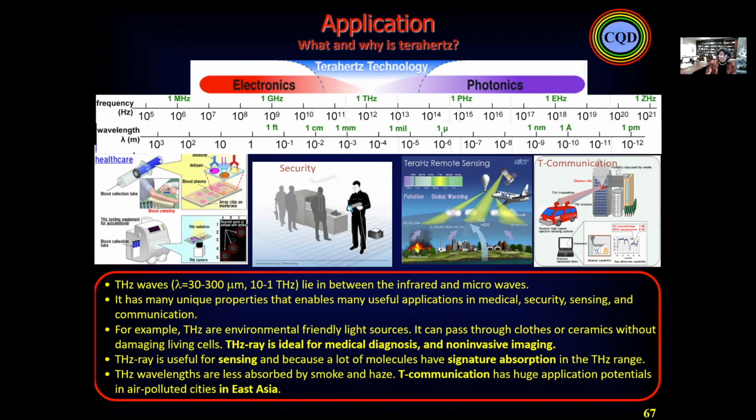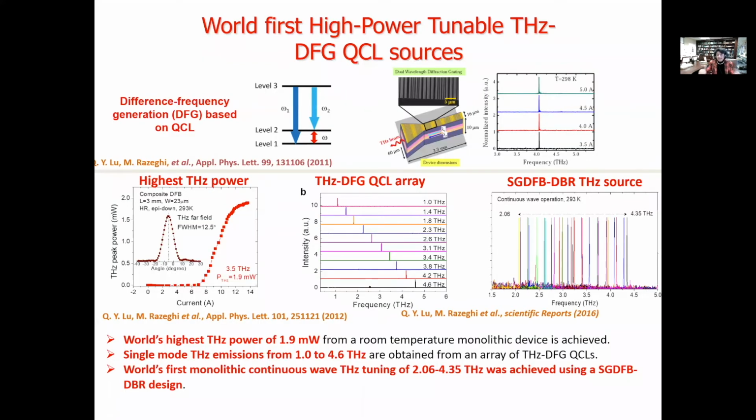And at the same time, if we optimize the third order nonlinear susceptibility, we can have a frequency comb through four-wave mixing. So we did that, and here is the result. World first high power room temperature terahertz QCL, and that is the world's highest terahertz power, 1.9 milliwatt, from a room temperature monolithic device.